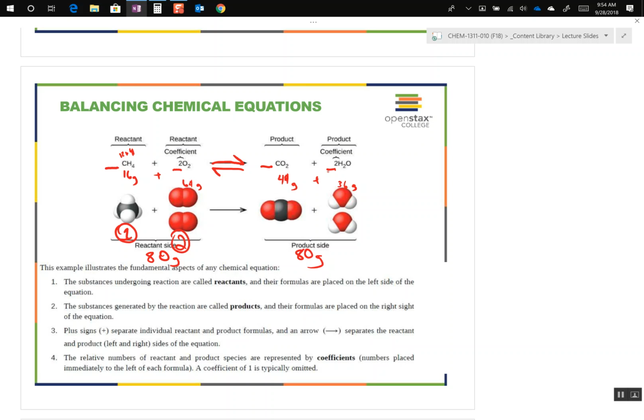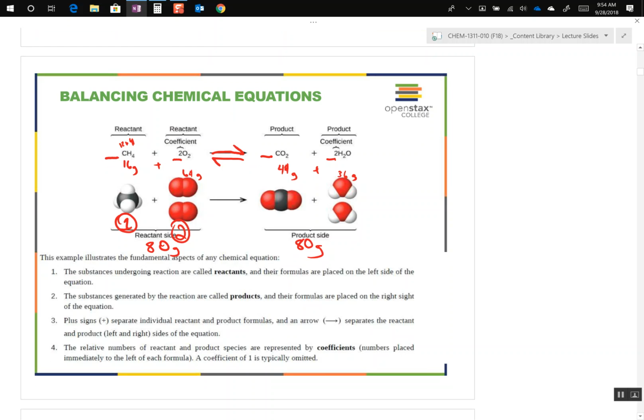I can weigh 44 grams of carbon dioxide and 36 grams of water. So if I produce those, I could determine if I actually produce the amount I meant to produce, like 36 grams of water, by weighing it on a scale after the reaction. I go weigh this water. Does it weigh 36 grams? Was my reaction complete? Okay?